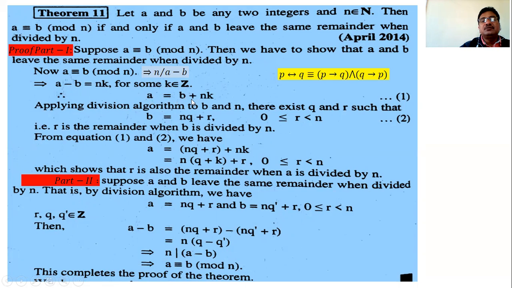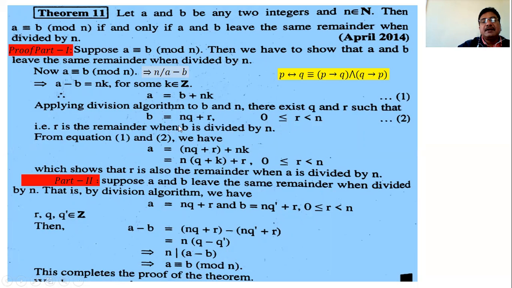Therefore we have a = b + nk. Then apply the division algorithm to b and n, that is, divide b by n. We have some quotient q and some remainder r, so there exist q and r such that b = nq + r. Now, obviously, this remainder is strictly less than the divisor and greater than or equal to 0. This is the division algorithm.